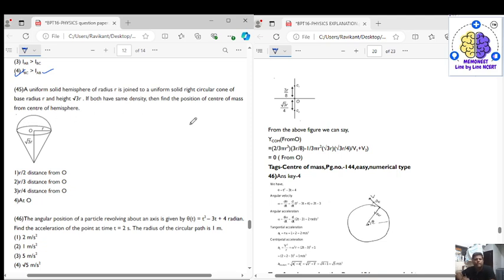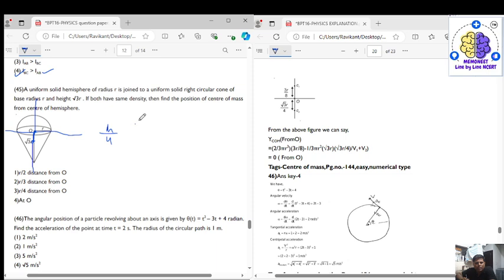So to find the center of mass, what we do is place this solid such that the axis lies on the y-axis and this lies on the x-axis and this center O lies at the origin. When this is the case, the center of mass of a cone is at a distance h by 4 from its base.